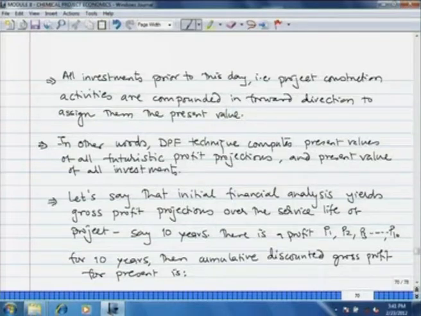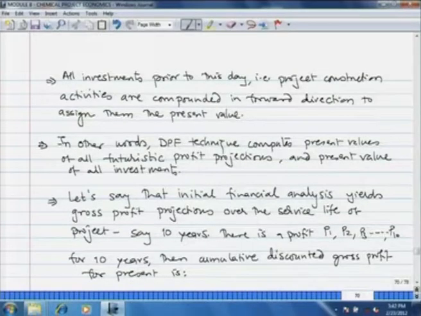Now as I told you in the previous lecture, the total capacity of the plant may not be functional right from day 1. The project is designed for a certain capacity, but all of that capacity is not utilized from day 1. So typically about 60% of the capacity is utilized in the first year, then this goes up to, let us say, 70 to 80% in the second year, then about 90-95% in the third year, and then from the fourth year onwards the project utilizes its full capacity.